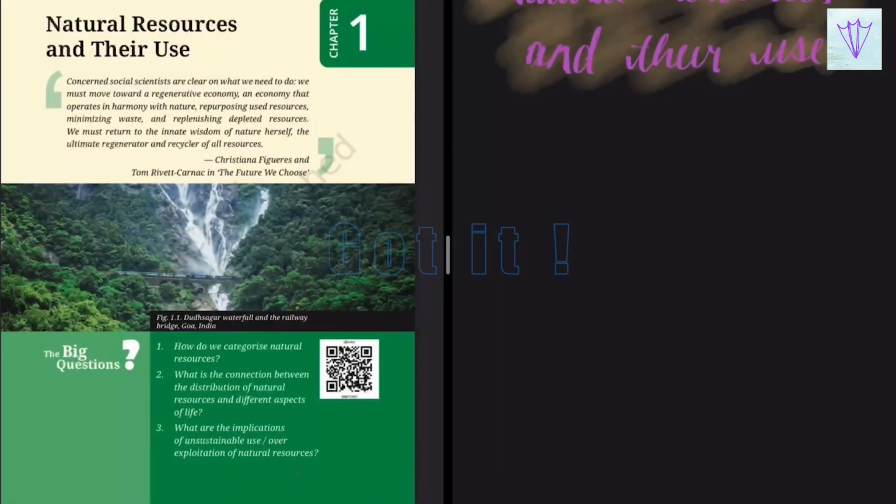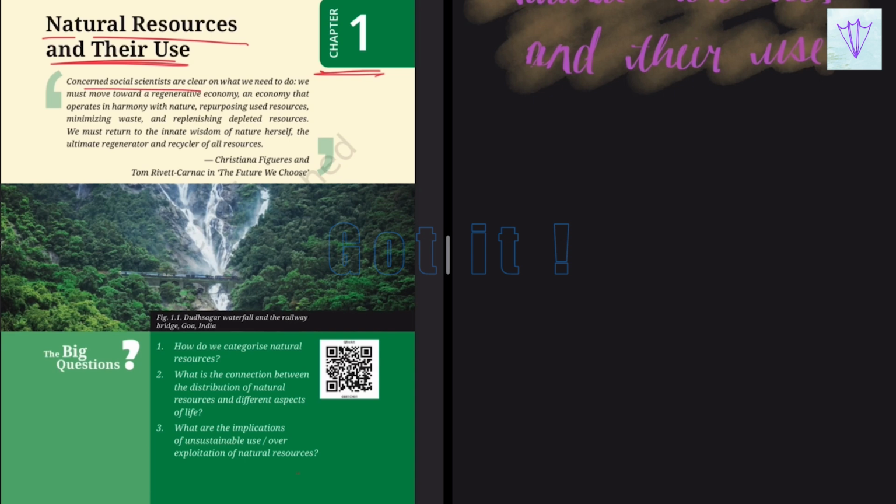Let us start with chapter 1 of the new NCERT Social Science, that is Natural Resources and Their Use. So concerned social scientists are clear on what we need to do.